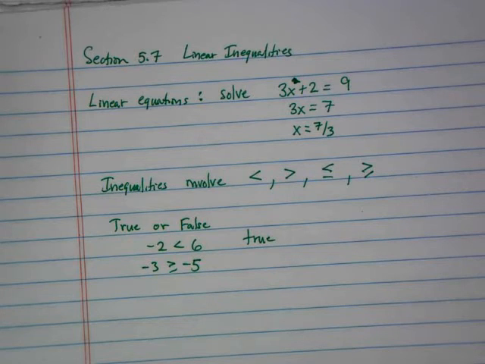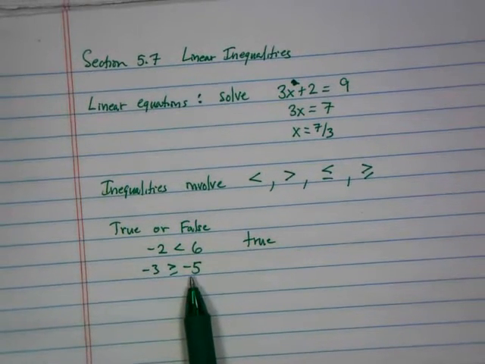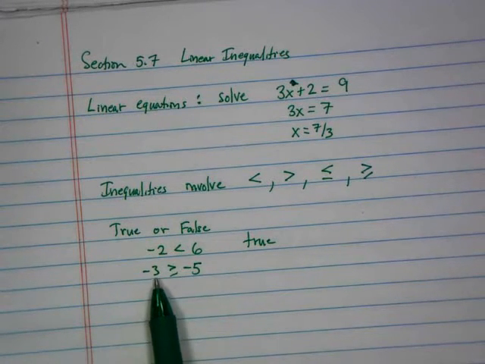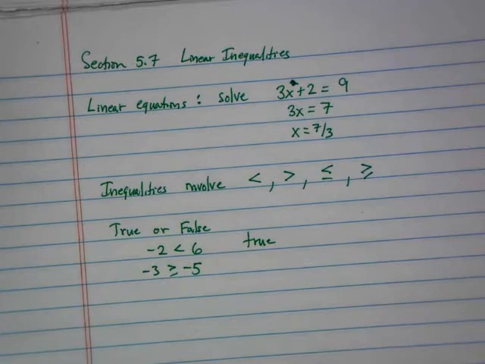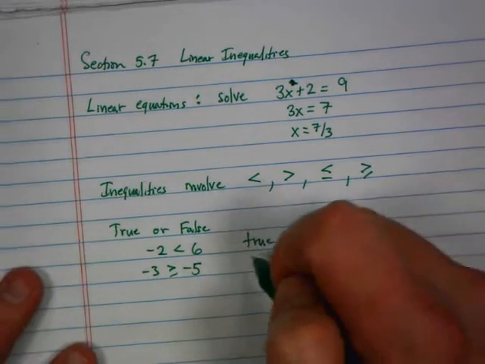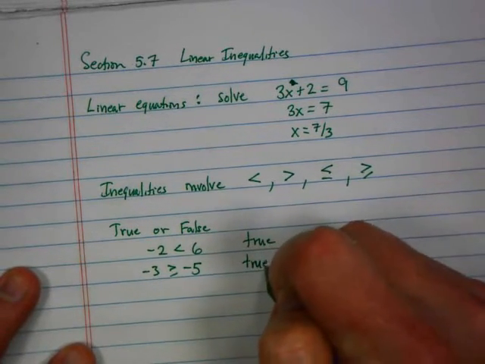It's greater than or equal to. It's one or the other. It doesn't have to be both. So is -3 equal to -5? No. Is -3 greater than -5? Yes. So is it greater than -5 or equal to -5? Yes. So that one is also true.